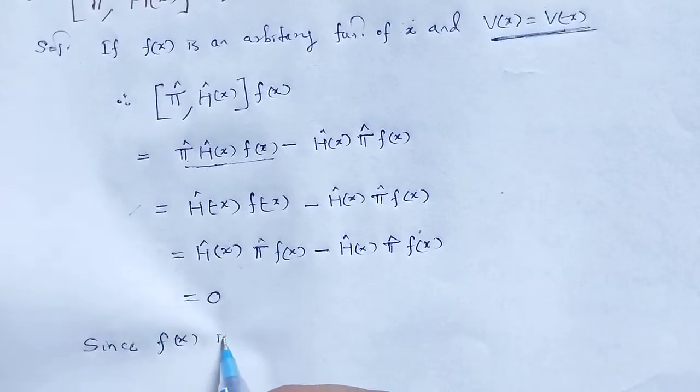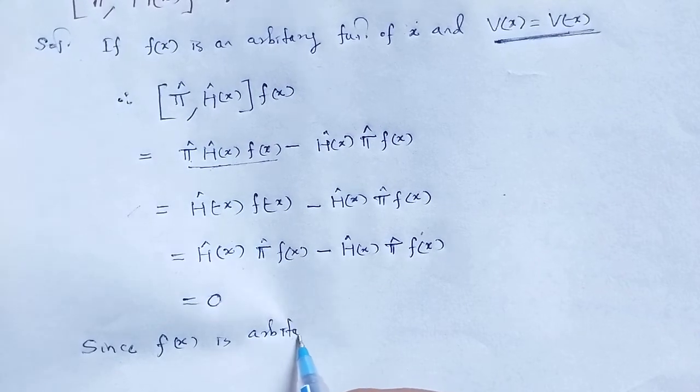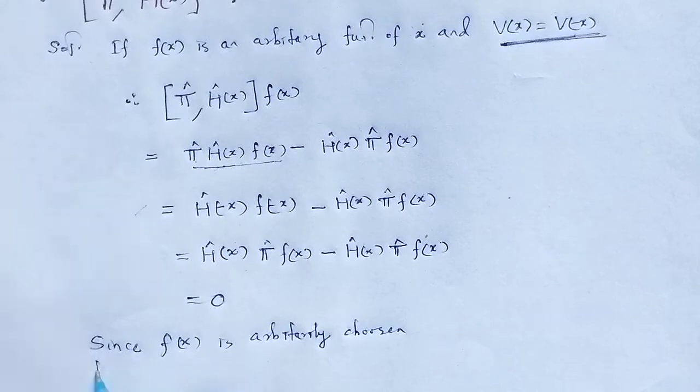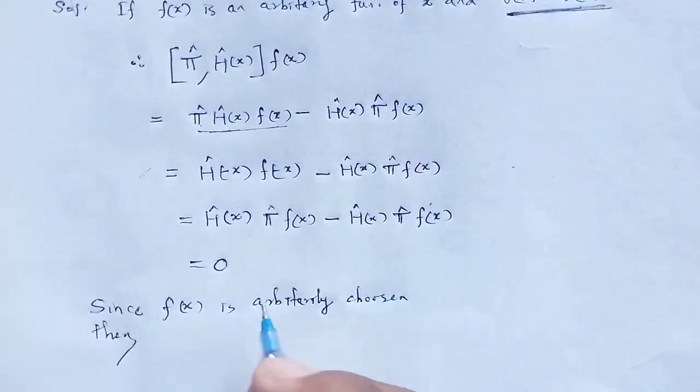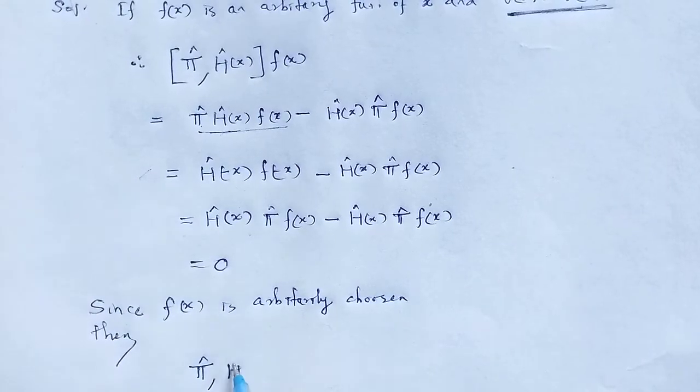F of x is arbitrarily chosen, then the commutation relation between the parity operator and Hamiltonian will be 0.